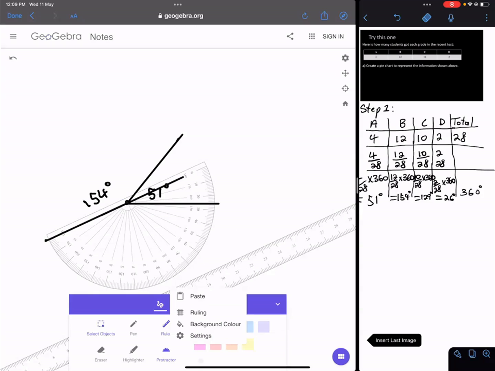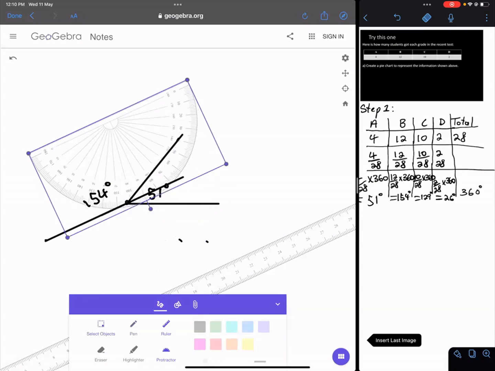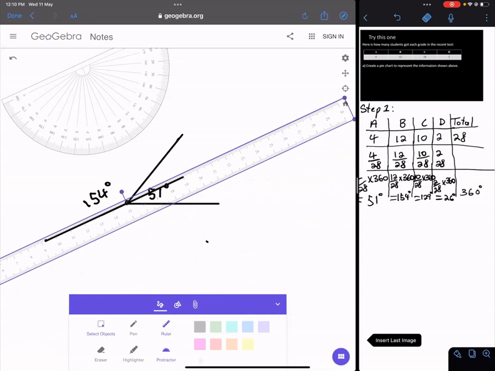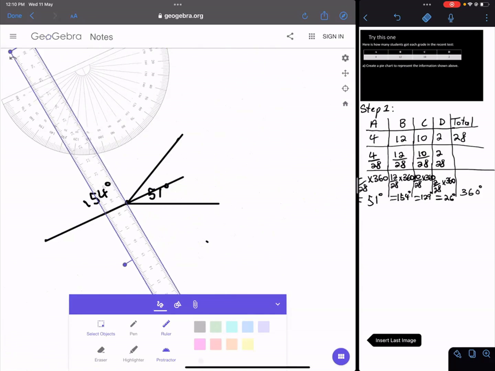So 129 moving in an anti-clockwise position, we have 120 here. So 129 should be right behind 130, which is right here. So we're going to get our ruler and draw a straight line from the center to that point that we have indicated is the stopping point for 129.